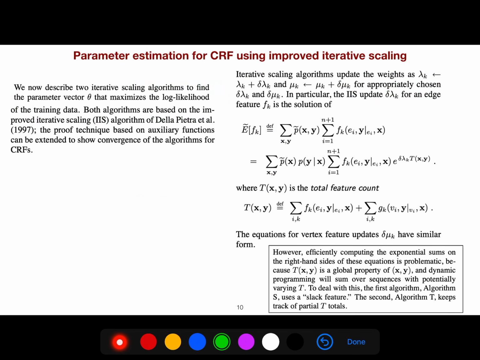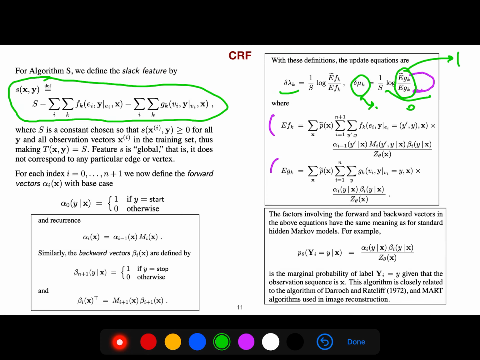Here T is the total feature count, because these features are binary Boolean, so it's like counting: it's just one, at most one, and otherwise zero, for each of these. So T intuitively becomes the total feature count.